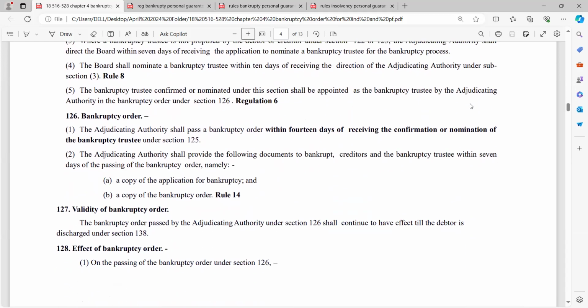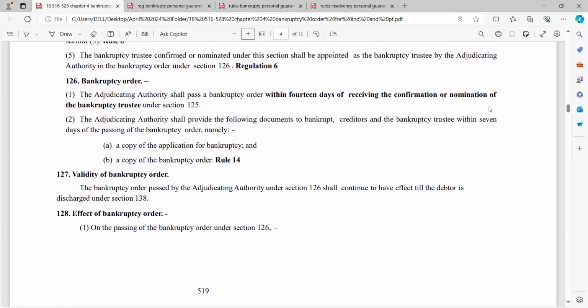Bankruptcy order. The adjudicating authority shall pass a bankruptcy order within 14 days of receiving the confirmation or nomination of the bankruptcy trustee under section 125. So the adjudicating authority shall not pass an order unless confirmation or nomination of the bankruptcy trustee is made. Because the admission order itself will contain the name of the bankruptcy trustee.